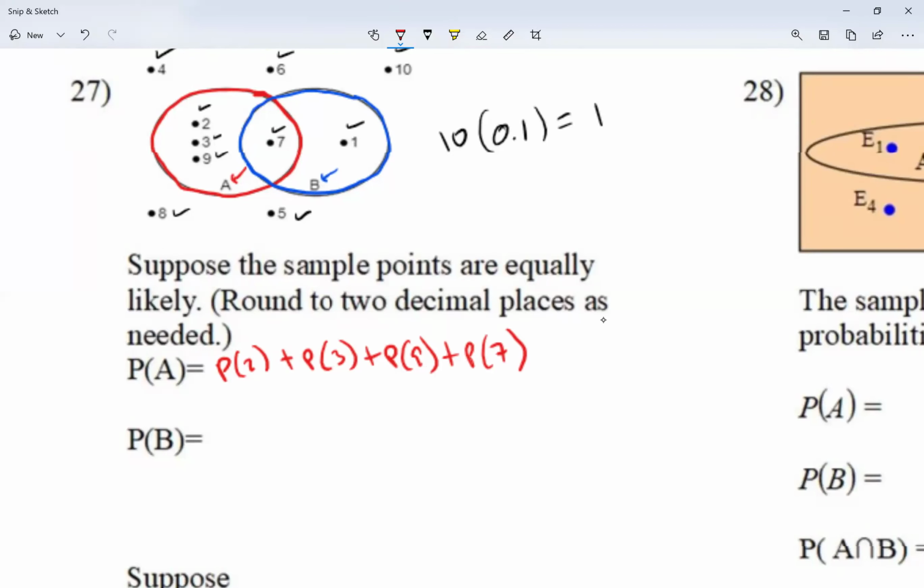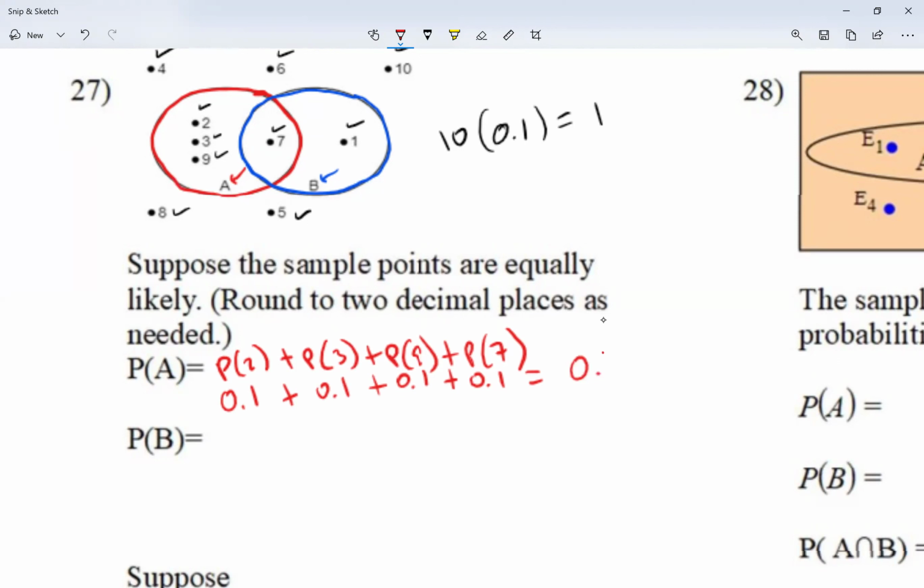I'm looking at all the points inside event A. But we said that each of these points has a 0.1 probability of happening. 0.1 plus 0.1 plus 0.1 plus 0.1. When I add all of these, I'm going to get 0.4. Okay, that's not that hard.